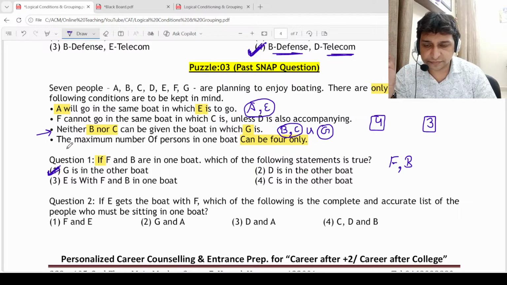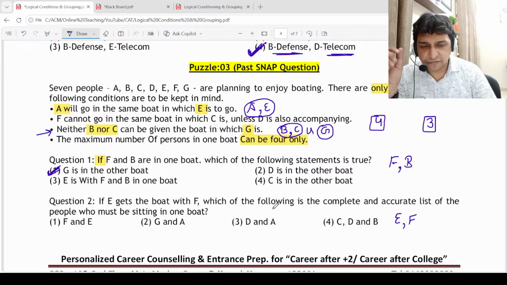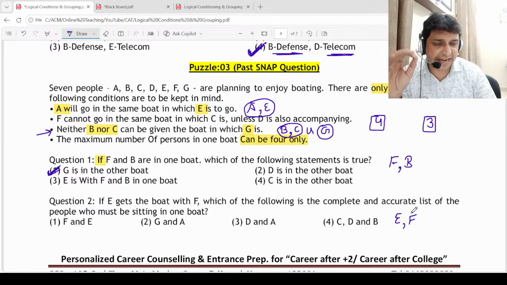Quite simple, I believe. Now the second part: if E and F both get together in a boat, which of the following is the complete and accurate list of the people who must be sitting in one boat?